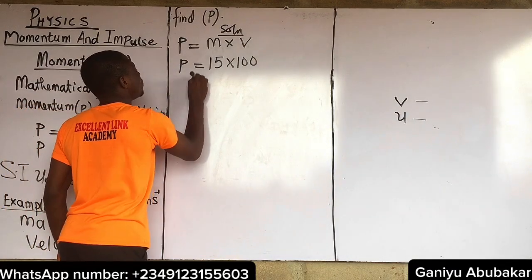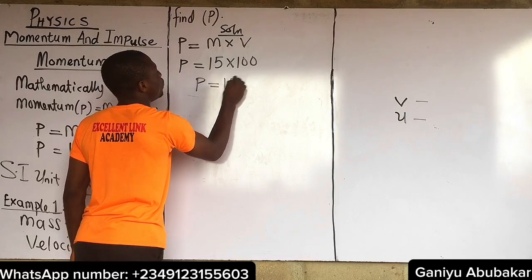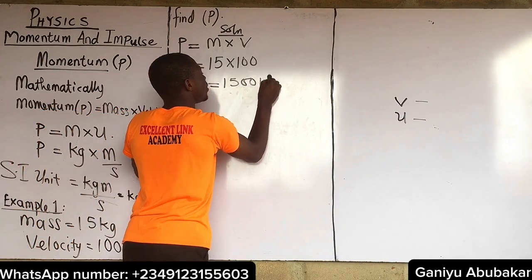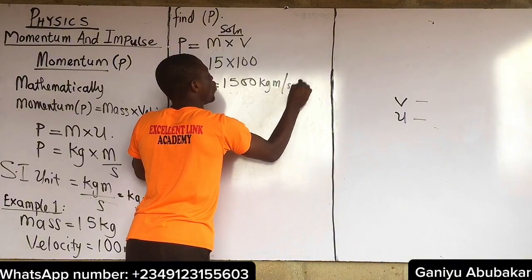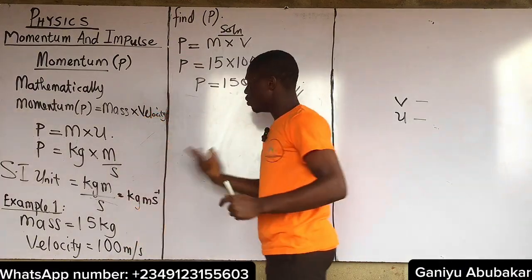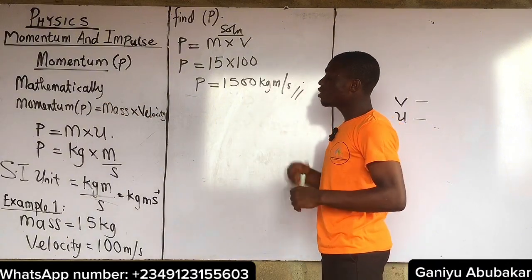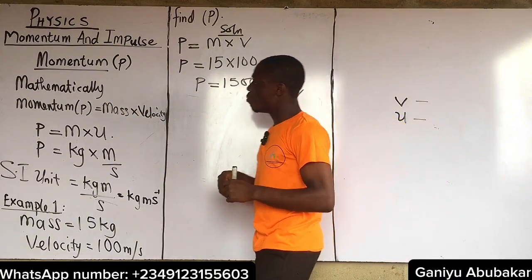Momentum p is equal to 1500 kilogram meter per second, which is the SI unit for momentum. So that's the concept behind momentum.